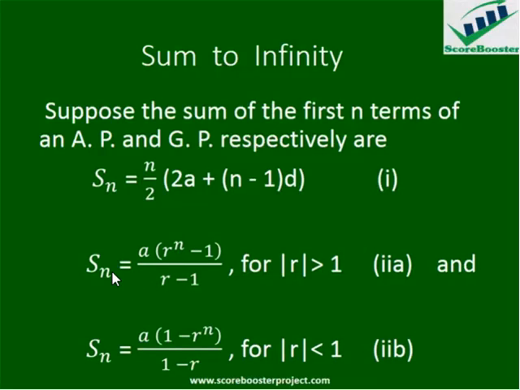When n is 6, we have the value of Sn equals -42 and r raised to power n equals 64. When n is 7, the value of Sn equals 86 and r raised to power n equals -128. So now we have the result for the value of Sn for n equals 2 to 7, and the value of r raised to power n for the varying values of n from 2 to 7.